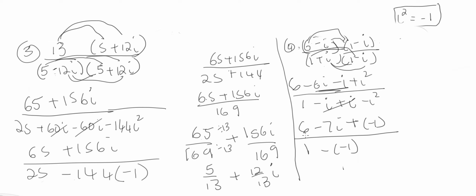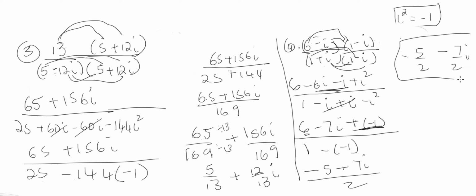So here I have 6 plus negative 1, and then minus 7i over 2. And then finally, you are going to split this up to look like that. Oh, I'm sorry. 6 plus negative 1 is not a negative, it's a positive. So that's supposed to be a positive.